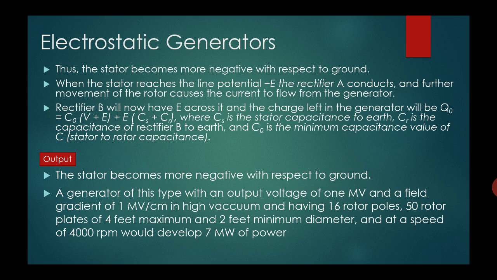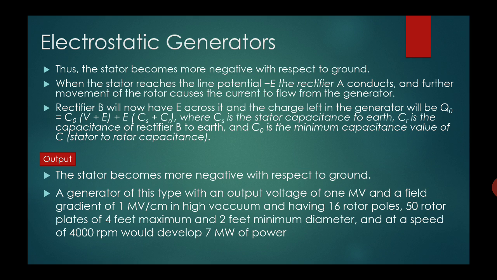The rectifier B will now have E across it, and the charge left in the generator will be Q0 = C0(V + E) + (Cs + Cr)E, where Cs is the stator capacitance to the earth, Cr is the capacitance of the rectifier B to the earth, and C0 is the minimum stator to rotor capacitance. For the output of the electrostatic generator, the stator will be more negative with respect to the ground.